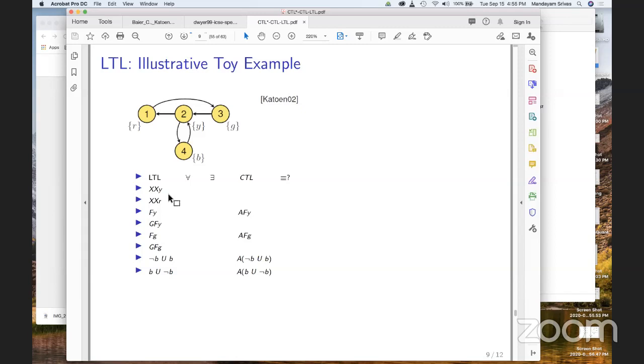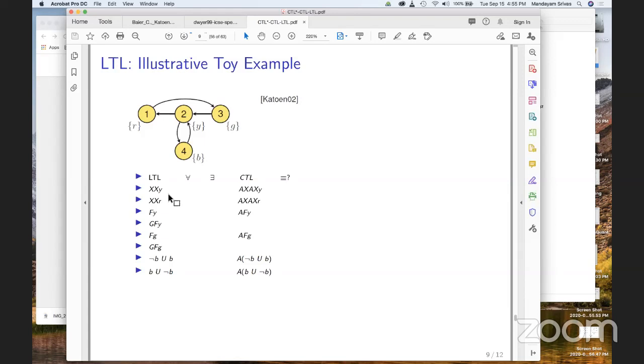Therefore, doing AXXY doesn't hold. So one obvious thing is, you put a quantifier in front of each, so you could do this, AX, AXY. I'm not saying they're equivalent, I'm asking the question. That's certainly a CTL formula. So my question is, is that always an equivalent CTL formula?